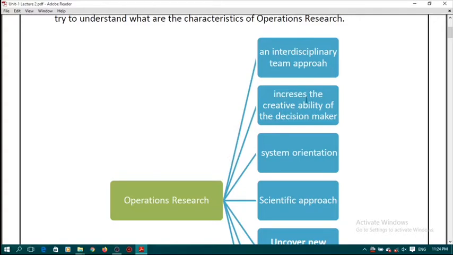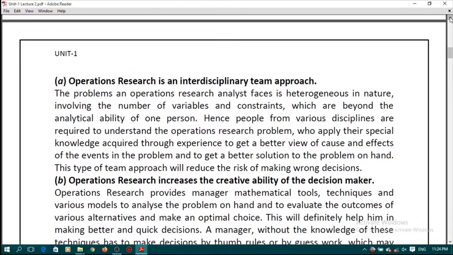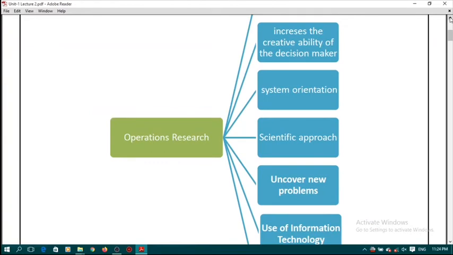Next is, it increases the creative ability of the decision maker in the whole process of operation research. You observe the problem very closely.